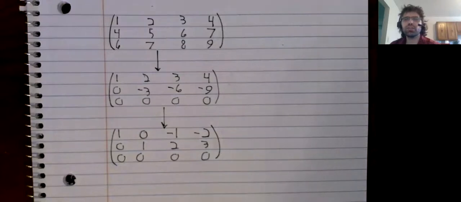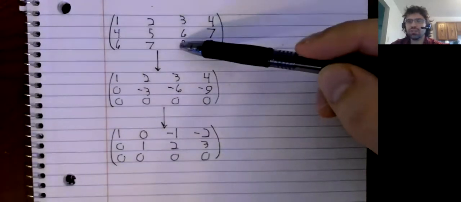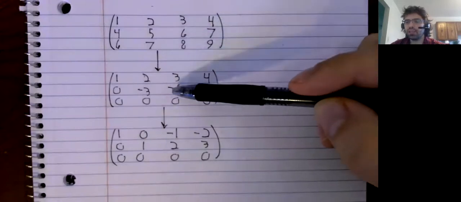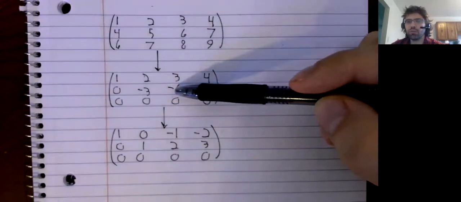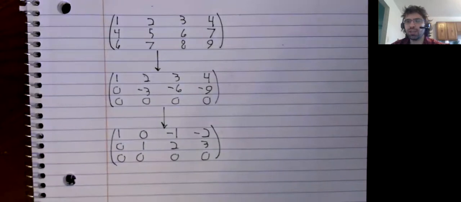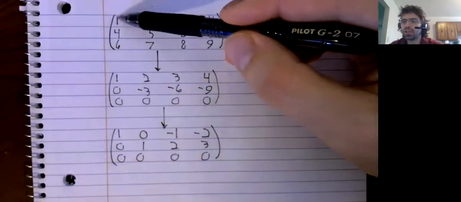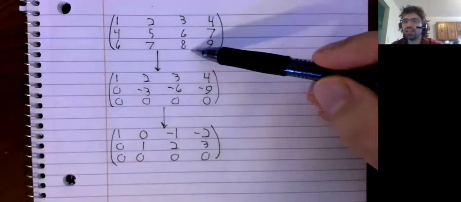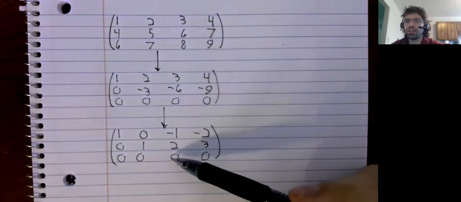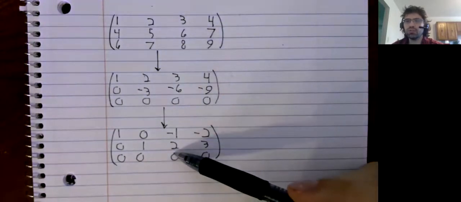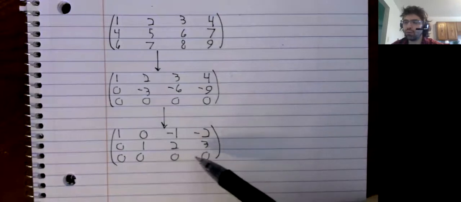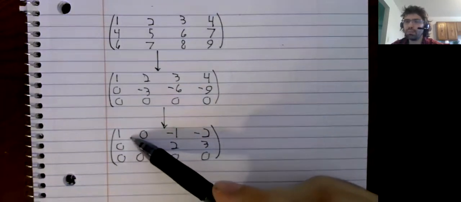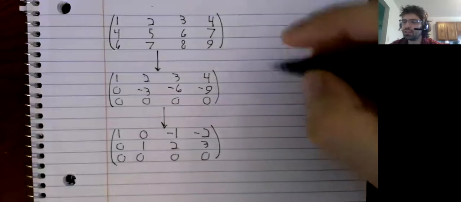Gauss-Jordan elimination can be broken into 2 parts then. We start with a system. We put it into row echelon form using Gaussian elimination, working down and to the right. Then we put it into reduced row echelon form, working up and to the left.